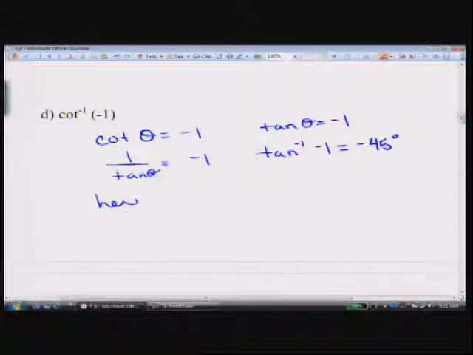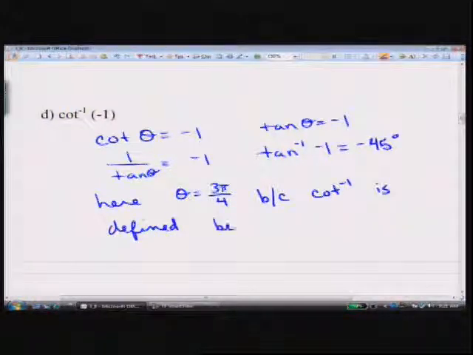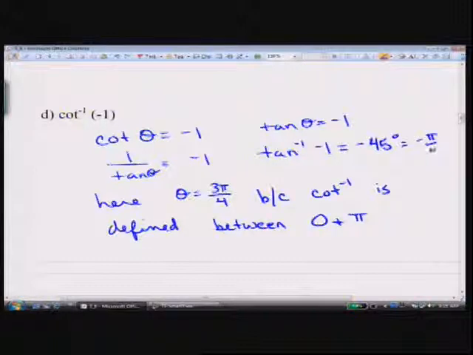So here, theta is equal to 3 pi over 4 because the inverse cotangent is defined between 0 and pi. It only gives you answers between 0 and pi, and negative pi over 4 is not between 0 and pi. So you have to find the one that is. So that's kind of fun.